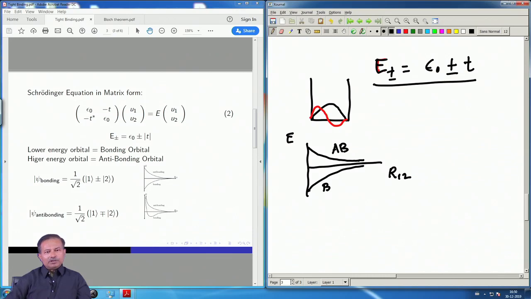The problem here is a bit more complicated in the sense that although this gives me right energetics, it is not entirely correct as you go down to R12 very small. And why is it not? Because you can see that the electrons in this picture will finally come down to R12 equal to 0, this point. This is the energy it will have.